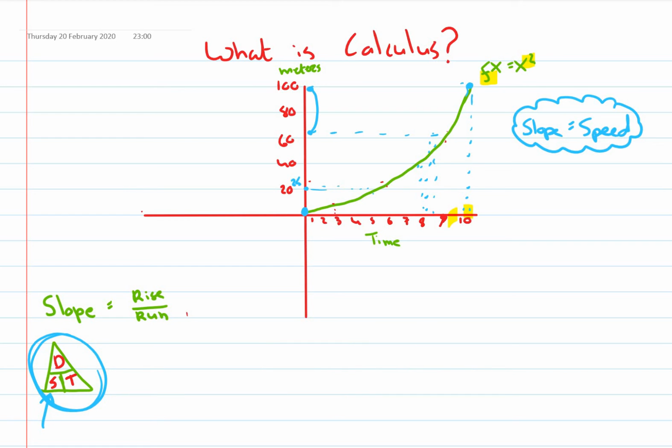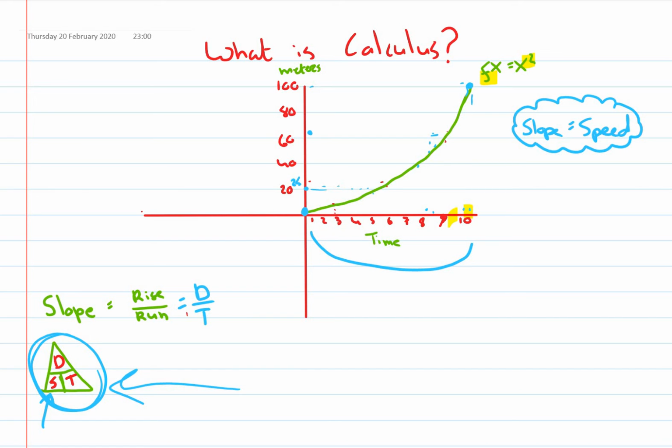You might have noticed something there. When I was doing this distance over time, this distance over time was actually the same as the rise over the run, when you think about it. I'll do it again. This time I'll use rise over run. So from here to here, this is the whole race.